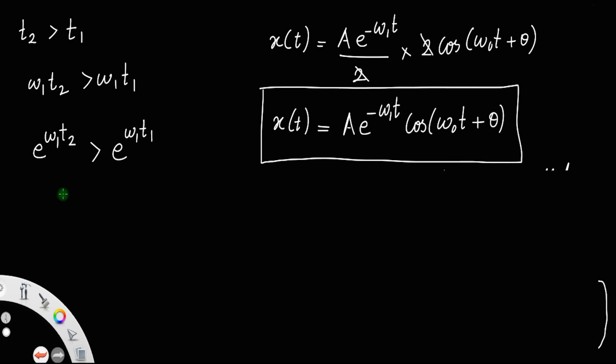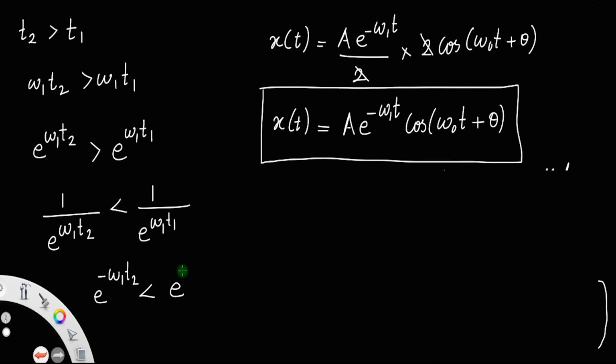If you take the reciprocal, 1 by e raised to omega 1 t2 will be less than 1 by e raised to omega 1 t1. That is, e raised to minus omega 1 t2 is less than e raised to minus omega 1 t1.